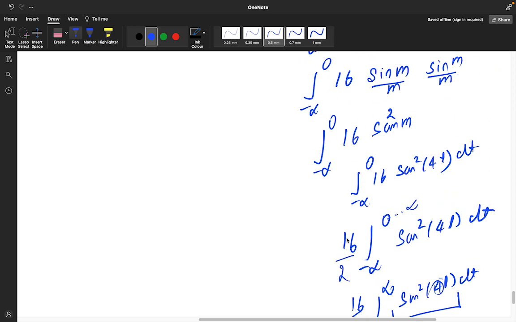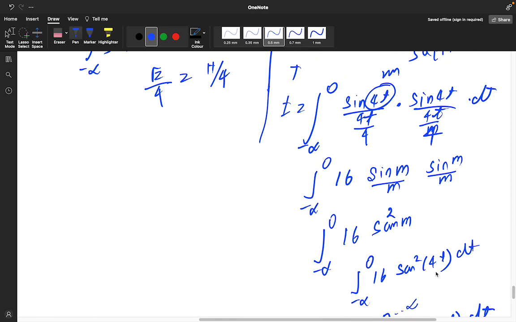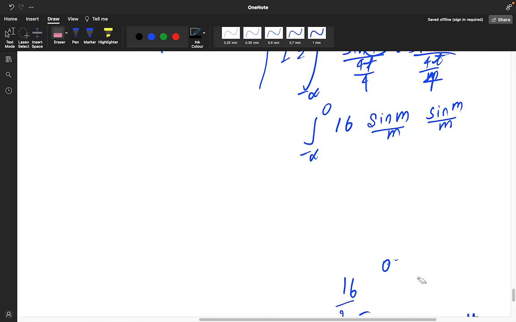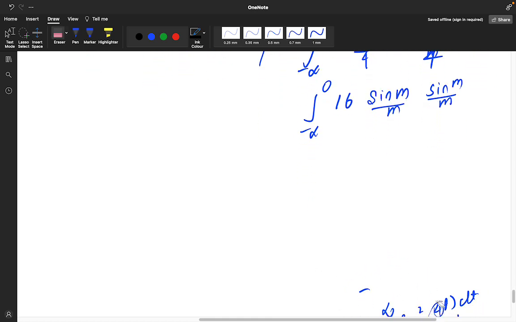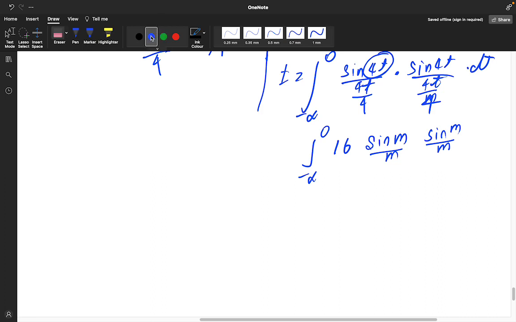And if you are getting confused in this scaling factor, I will tell you one more process. There are lots of processes. See, you had assumed 4t as m.